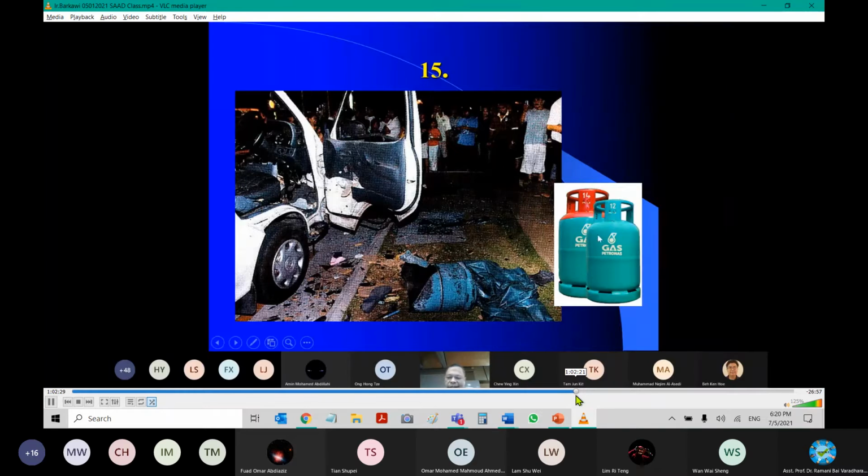And this tank is only able to withstand 5 to 10 bar. So when he filled up at the petrol station, as soon as the pressure reached 10 bar and above, the additional tank that he put in exploded. And that's what happened. Okay.